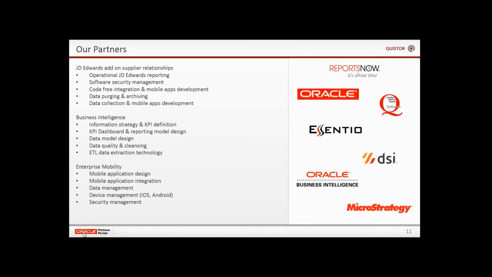In the BI scene, we work mostly with Oracle Business Intelligence, so the BI Cloud products, the Endeca products, the OBIEE products, and BI Apps products, and also we do some work there with MicroStrategy. So these are more our solutions which we will deliver.